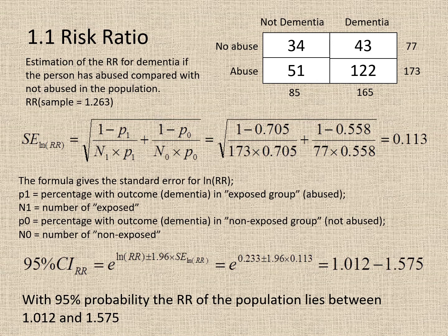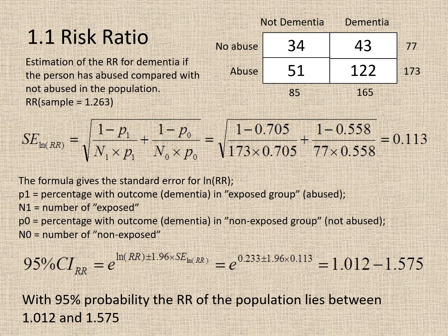So we have a formula here for a standard error of the risk ratio. Or actually, this is not the standard error of the risk ratio. It's the standard error of the natural logarithm of the risk ratio. So we have a formula. P1, percentage with outcome, in our case dementia in exposed group, and in our case, exposed group is those who have abused.